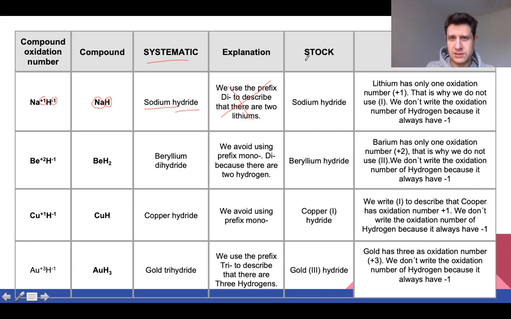Okay, good. How do we call it in stock? We call it sodium hydride, exactly the same as in systematic. We don't use any Roman number because sodium and hydrogen have the same oxidation number.